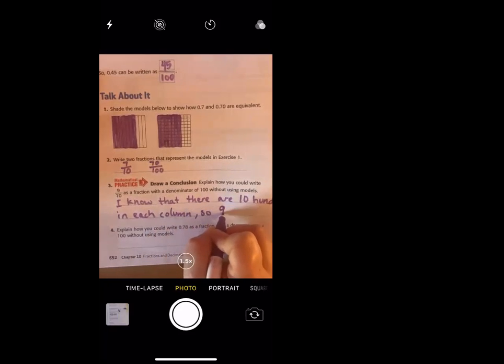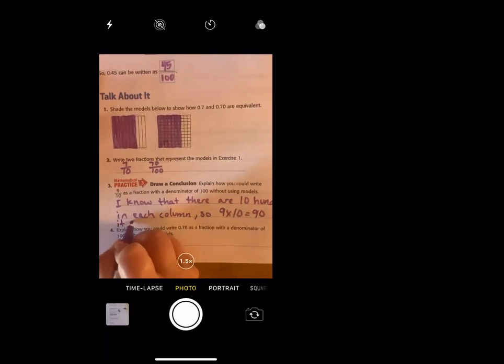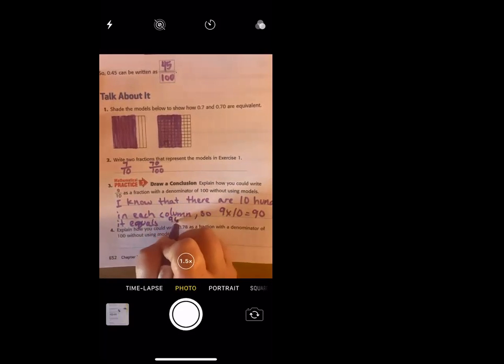So 9 times 10 is 90. So it equals 90 hundredths.